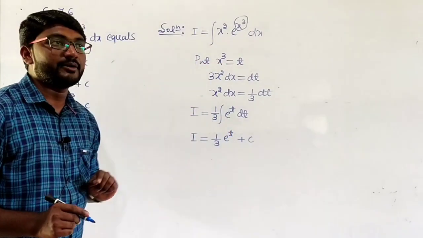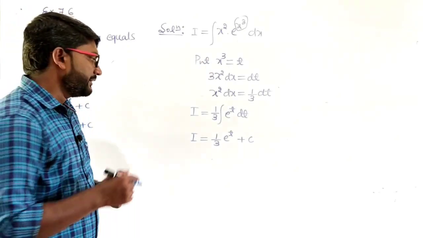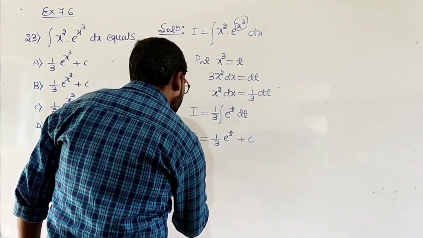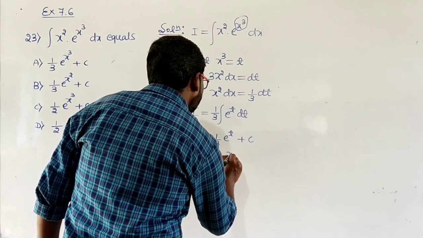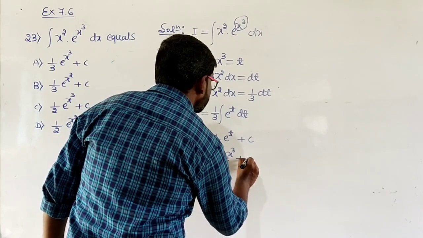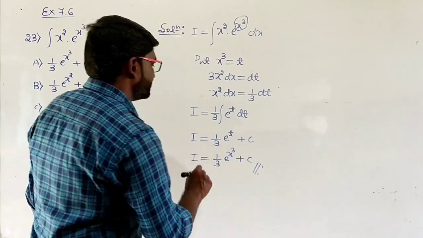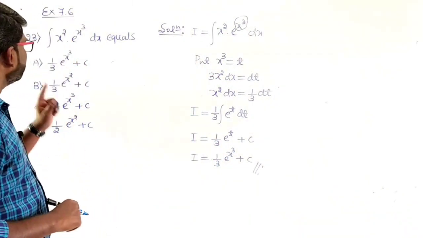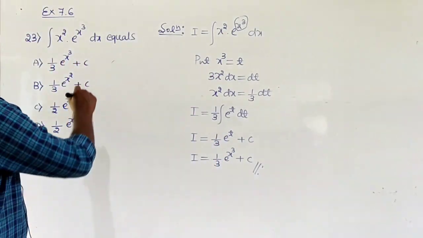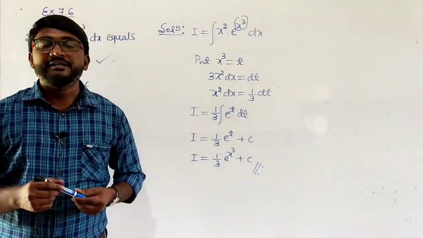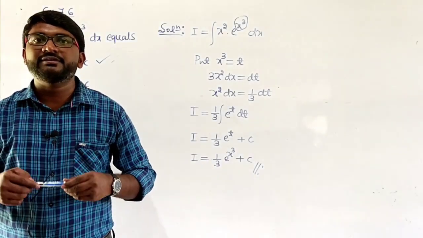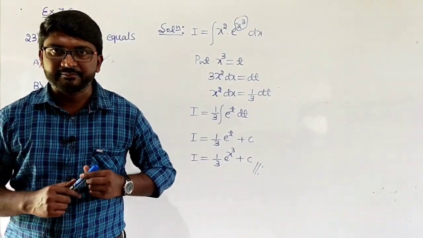Replace t now. T is going to be x cube. I equals 1 by 3 and then e power x cube plus c. So search for the options now. 1 by 3 e power x cube plus c is option A. As I have told you earlier, the multiple choice questions are always very important for your annual exam.